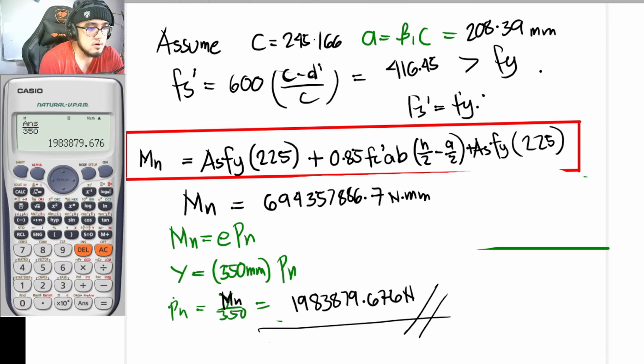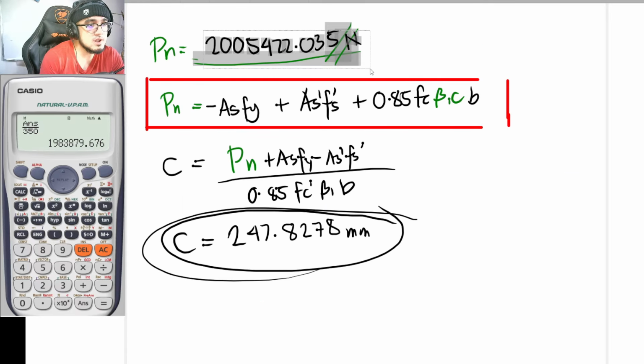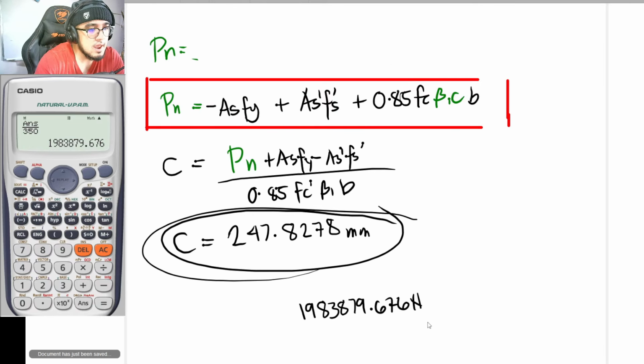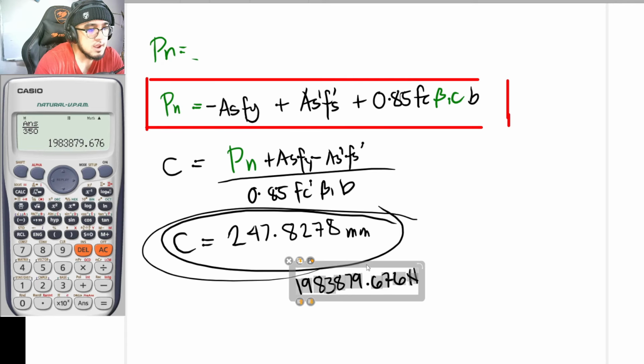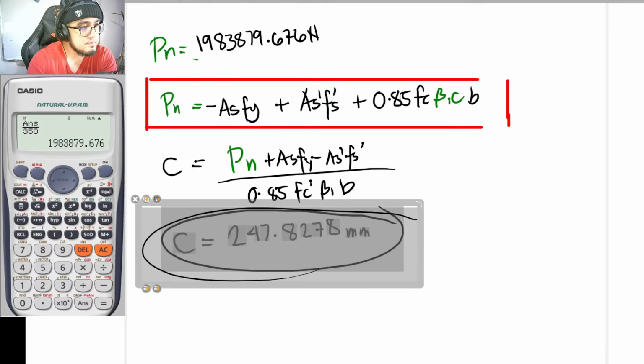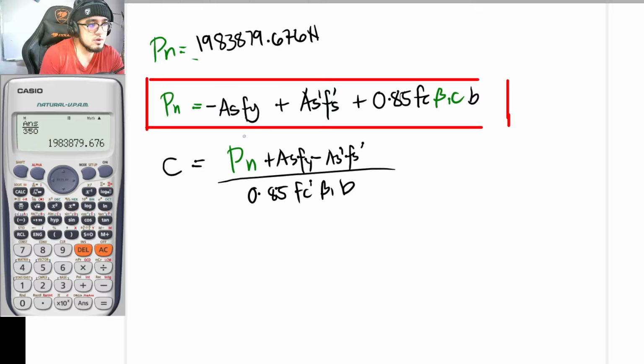Okay, so with that, I will now be copying this once again. We will now be changing this Pn by 1983879.676. So resolving for C. Substituting this value to this equation, this is now equal to the answer plus AsFs.